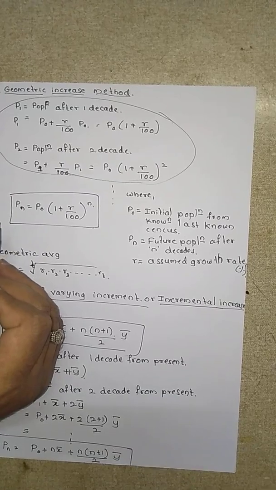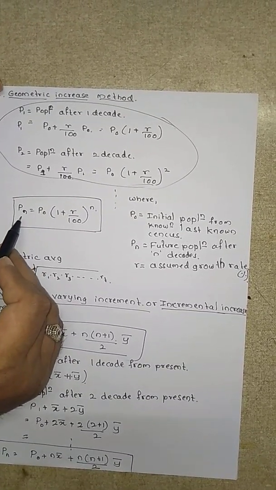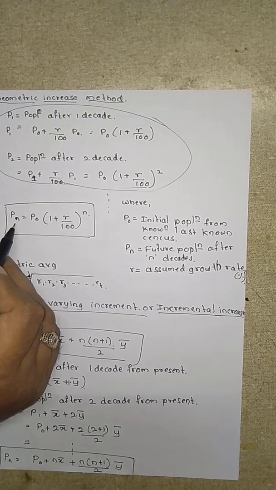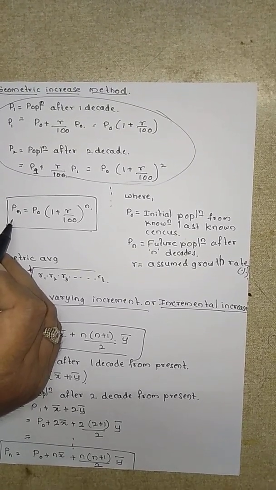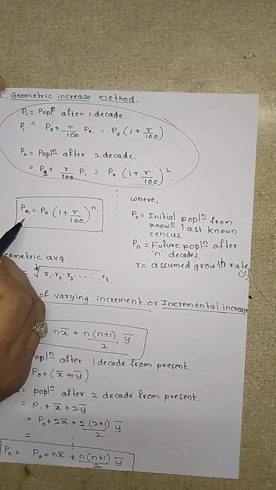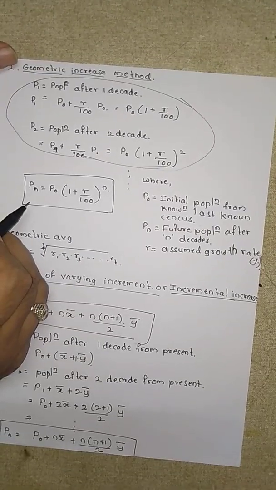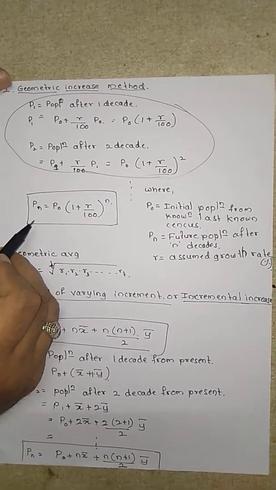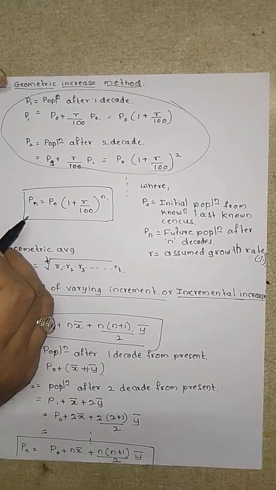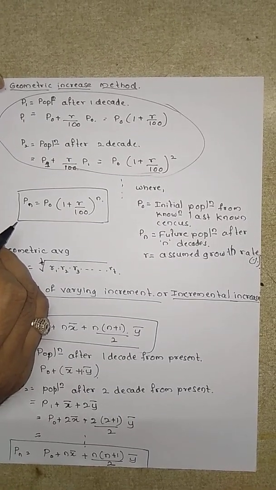So whatever I have told, you need to write, and you need to write this formula in your exam if they ask regarding theory. The possibility of asking theory is there, but it is a bit less compared to the problems. Normally they will ask problems, but you also need to know the theory, because there is a chance of theory being asked.